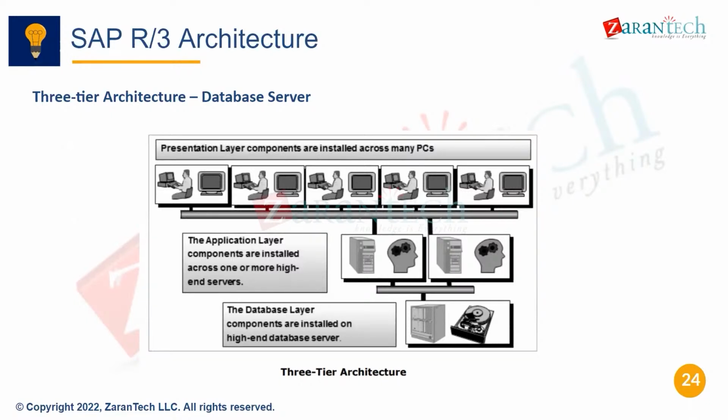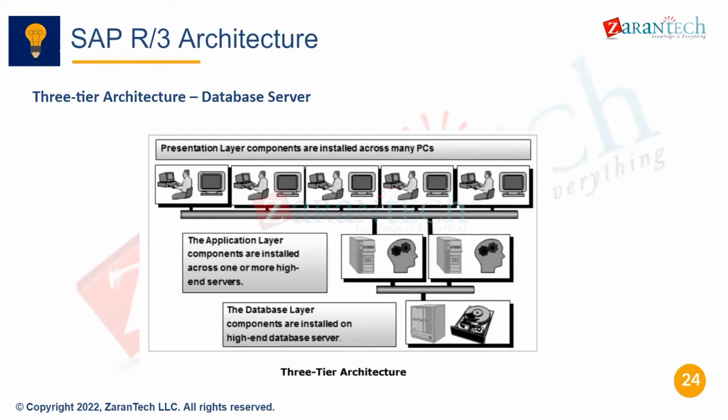So why are we calling it R3? Initially, when R1 started, all these three layers would be residing in one single server. At that time, it was very difficult to manage, and it took a lot of time to process the data and to retrieve the data. And then R2 started, so the database was moved to a separate layer.